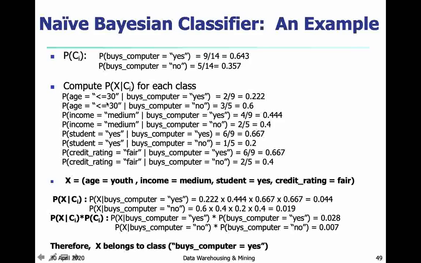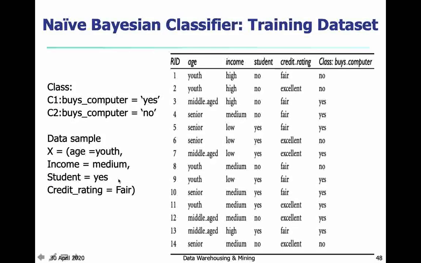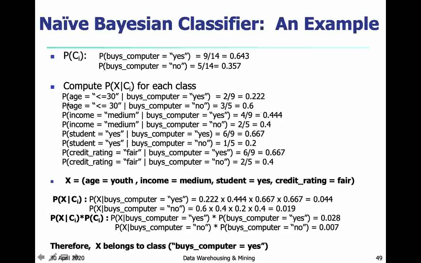So now see, we have age is youth, income is medium, student is yes, and credit rating is fair. So we have taken this to classify. Against each there are two class levels: against youth yes no, against medium yes no, against student yes no, and against fair yes no. So we will compute this P(X conditioned on Ci).